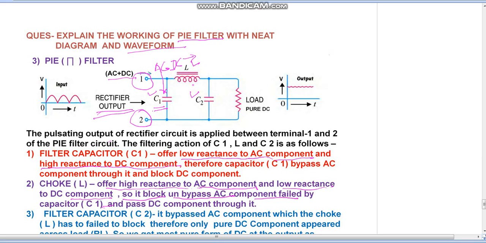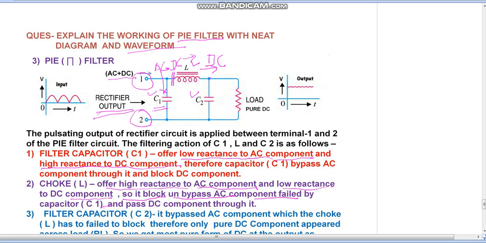So inductor L passes only the DC component and blocks the AC component which is unbypassed by the capacitor C1.